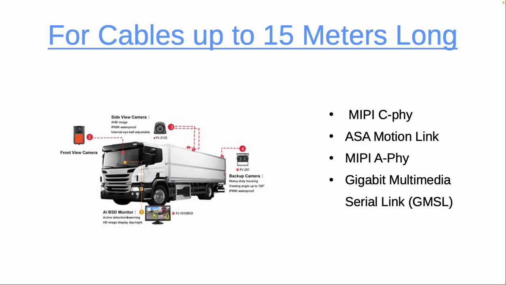If you want longer cables, particularly if you're in trucking or automotive, up to 15 meters, originally there was MIPI C-PHY, but the problem is that was very much controlled by MIPI, and you had to pay licensing fees, and so the Automobile Association didn't like that, so they created ASA Motion Link. And now we have two standards, so what do we do? We create a third standard, which is MIPI A-PHY, a compromise between the two, maybe more open than MIPI C-PHY was.